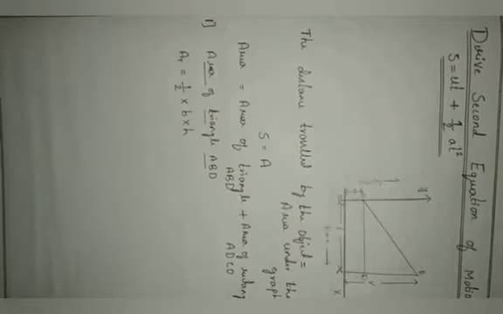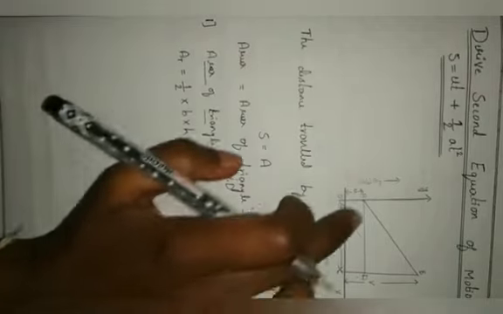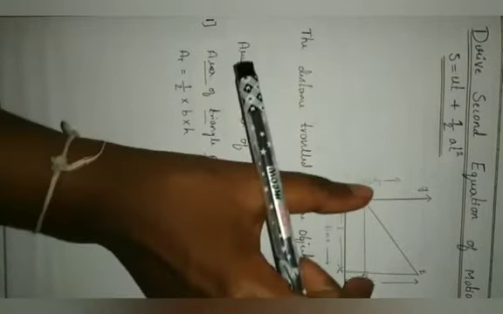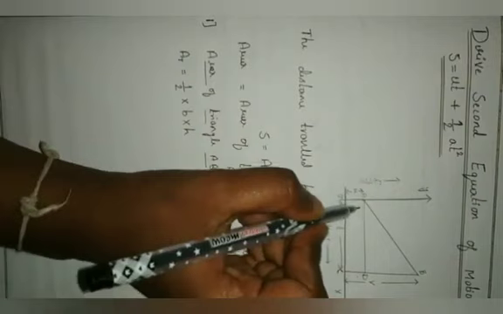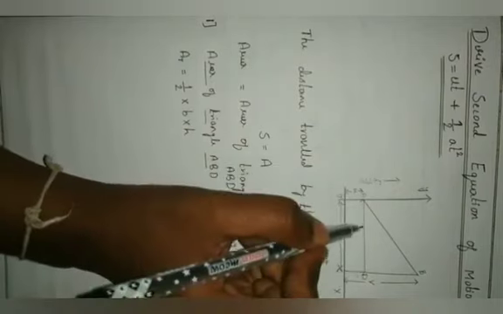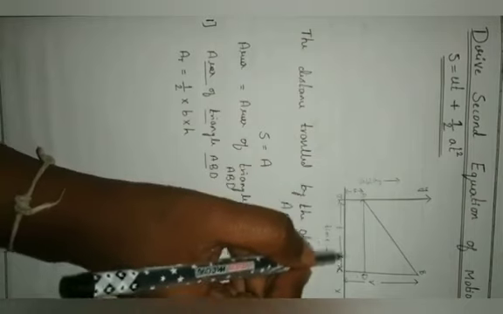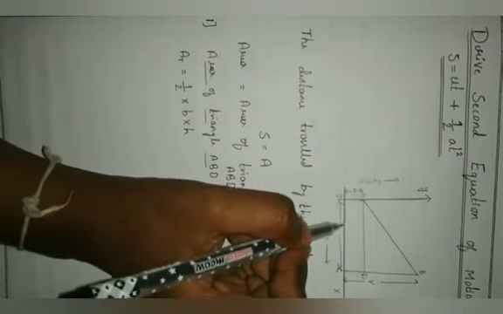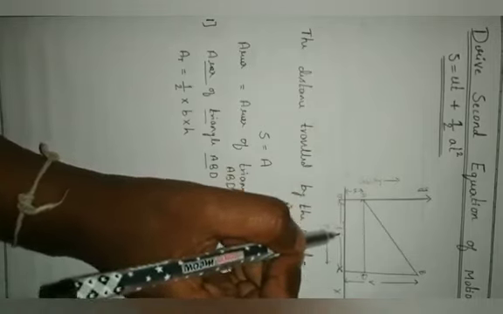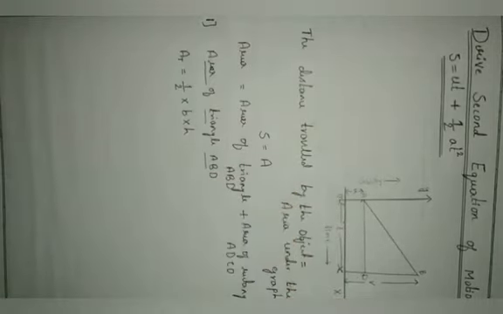In the triangle ABD, base is AD. This AD is parallel to OC, so the value of AD will be equal to the value of OC. So the value of OC is t.